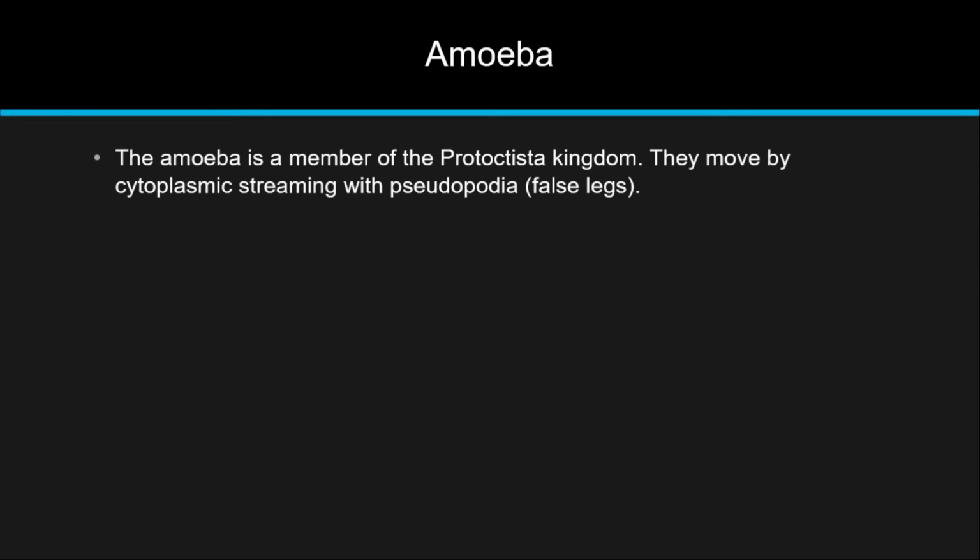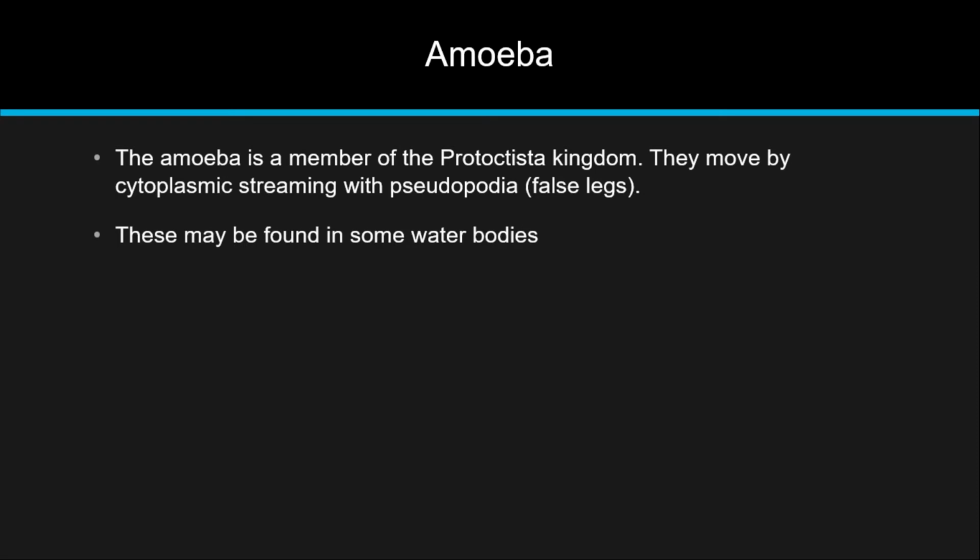So the amoeba moves by cytoplasmic streaming using what we call false legs, because it can just move that membrane about and get it to move. I mean, watching that video, it's going to be a real wonderful video. So when you're finished watching this video, go down to the description, click on the link, and you will go right into a video that takes you to the amoeba.